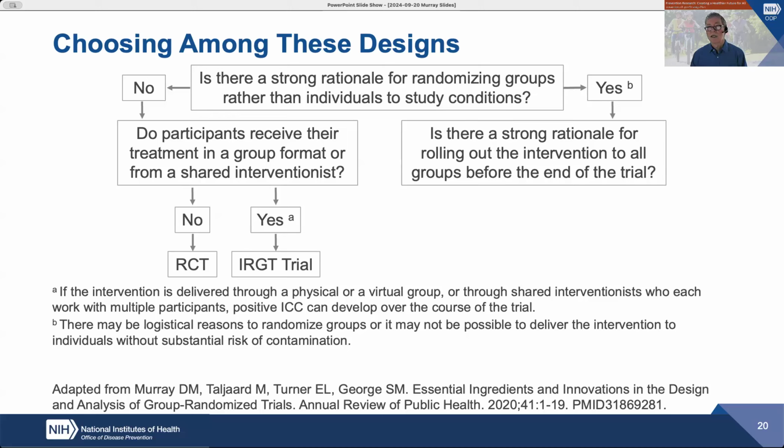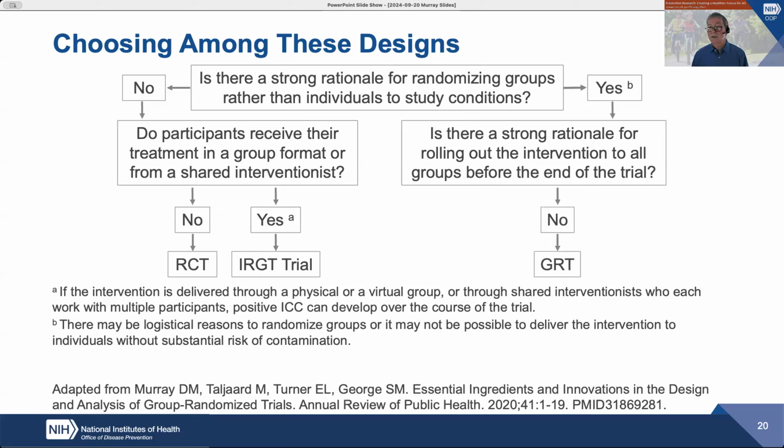So if there is a strong rationale for randomizing groups, usually worries about contamination, then we can consider the second question on the right side. Is there a strong rationale for rolling out the intervention to all the groups before the end of the study? I would argue usually not, but sometimes there is a good reason for doing it.